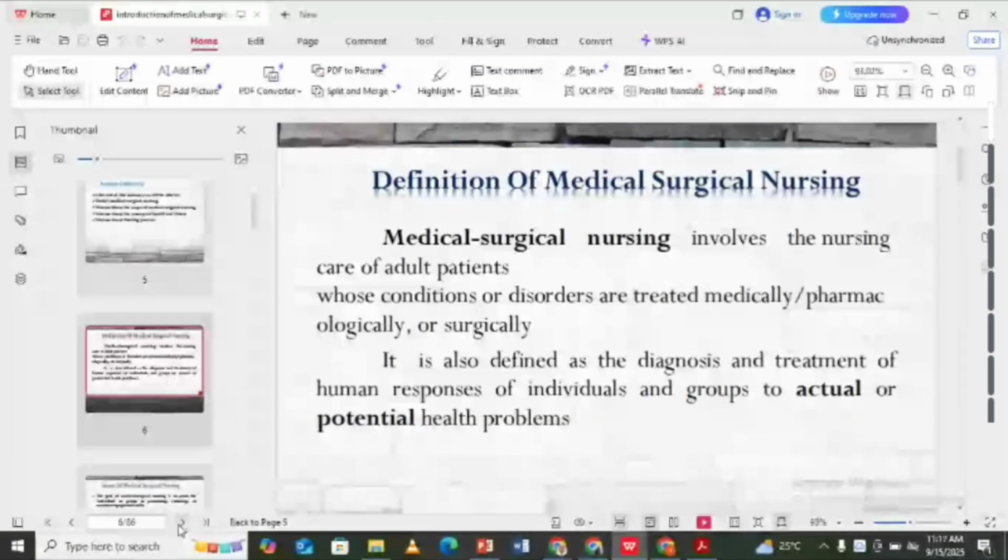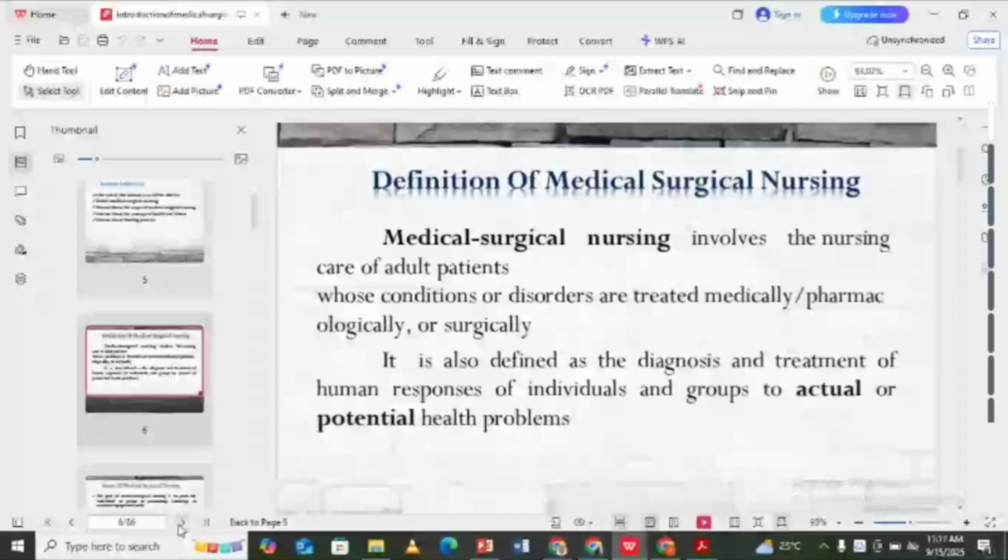So basically, in medical surgical nursing, we look at the whole spectrum of healthcare interventions given to patients who come in with diseases of any form, who may require any form of intervention, be it medical, pharmacological, or surgical. We should be in a position to provide that.